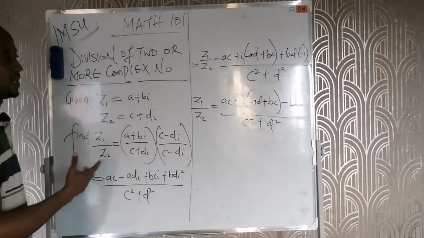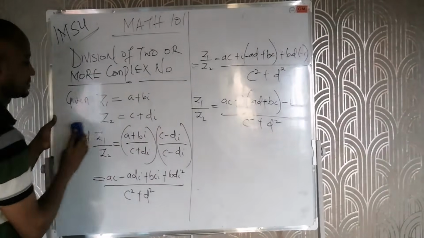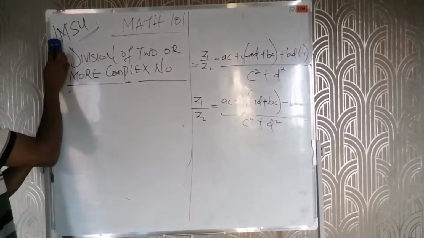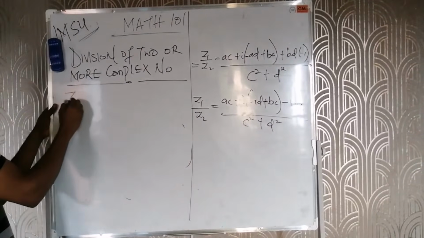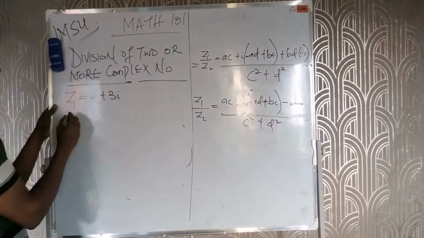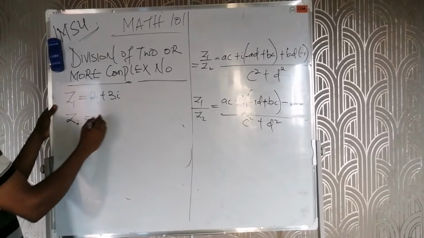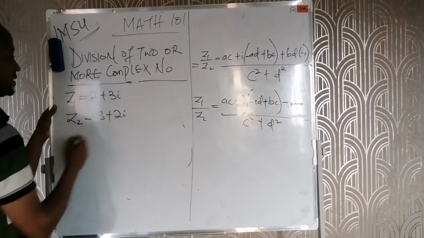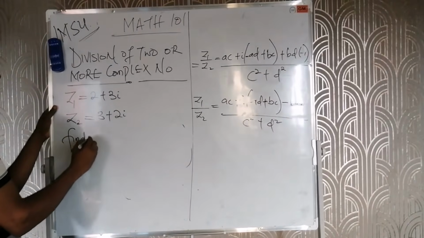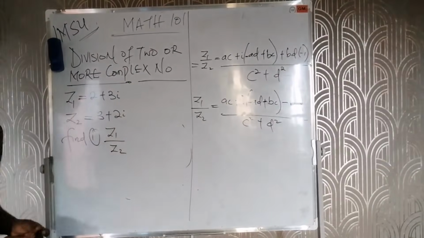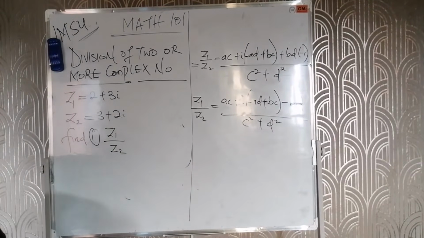Do you get the concept? Let's work with actual values and see. If I have my Z1 equal to 2 plus 3i, then my Z2 equal to 3 plus 2i, and we have to find Z1 divided by Z2.